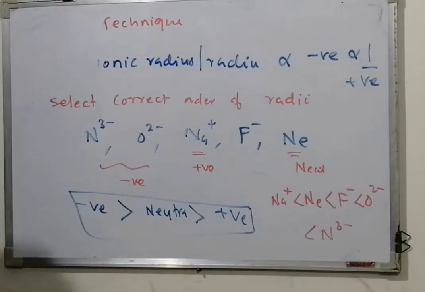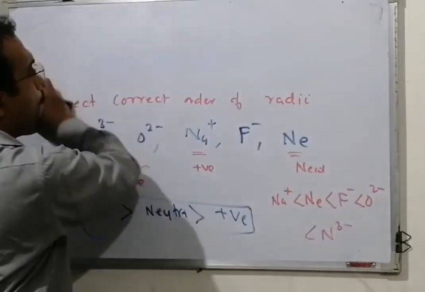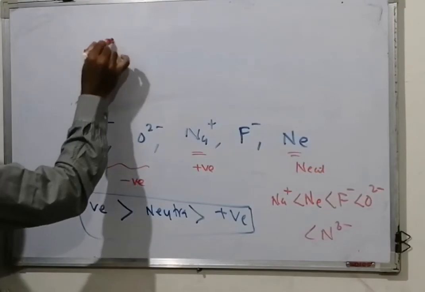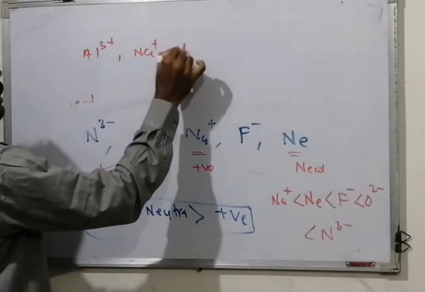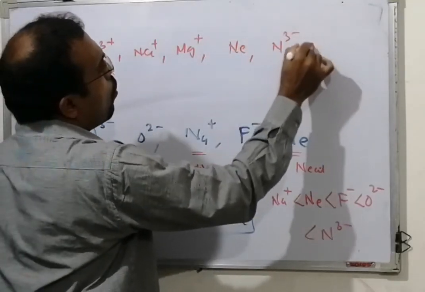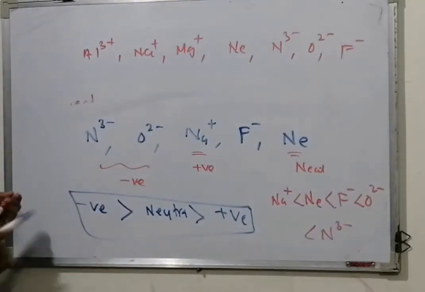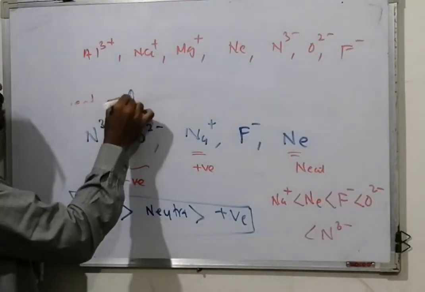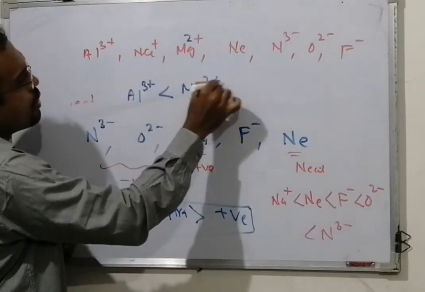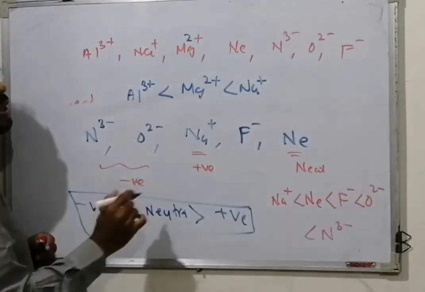Suppose another question: aluminum 3 plus, sodium plus, magnesium 2 plus, neon, N3 minus, oxygen 2 minus, F minus. What shall be the lowest radius here? Aluminum 3 plus, then magnesium 2 plus, then Na plus, because all are positive, and from here to here the positive charge decreases.